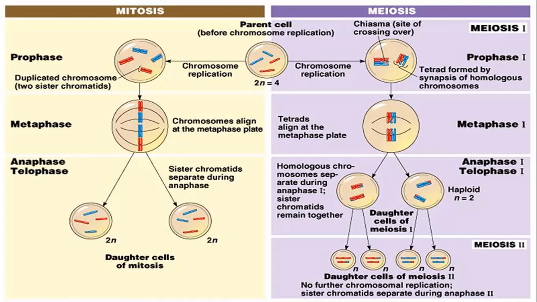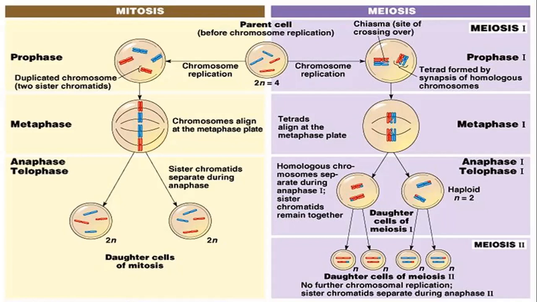Crossing over is basically where a bit of one chromosome swaps onto a bit of another chromosome, adding genetic variation. So not only are we pulling apart different chromosomes and having different mixtures of them in each one, which would give somewhat of genetic variation but not a huge amount, we actually have crossing over at the chiasmata in meiosis to increase this genetic variation. So that's in prophase 1.